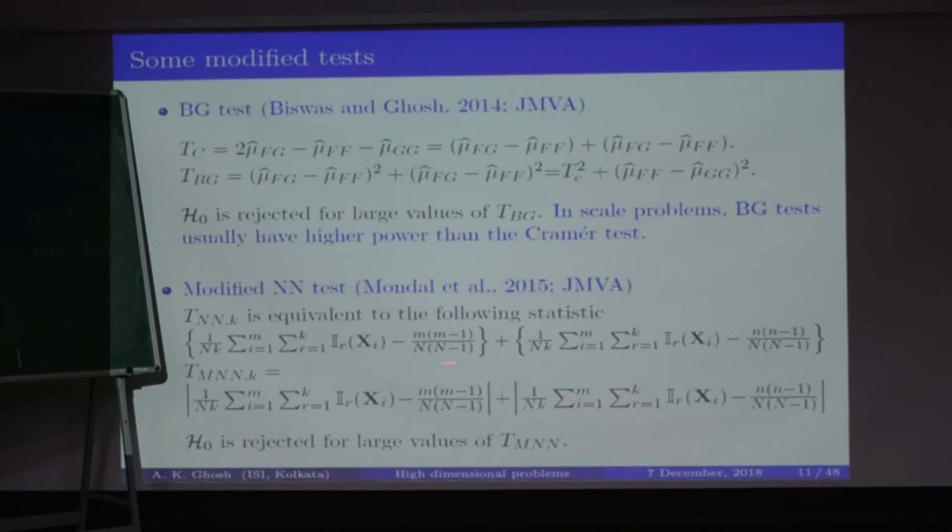Now look at this. This is basically the expected value of this guy under H naught, and this is the expected value of this under H naught. Now something similar to this phenomenon happens here in the case of the scale problem. We have noticed that in the case of the scale problem, these indicators IRX were taking the value 1, because X observations were supposed to get neighbors from their own population, so all indicators were 1.